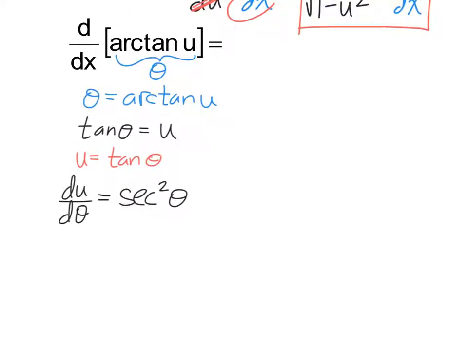All right. So I'm going to do a reciprocal here to get me a d theta du. Now, if you want, do it the opposite of the way I did before, which is to say, okay, well, I know the reciprocal of secant squared is cosine squared. Or you could just write 1 over secant squared.